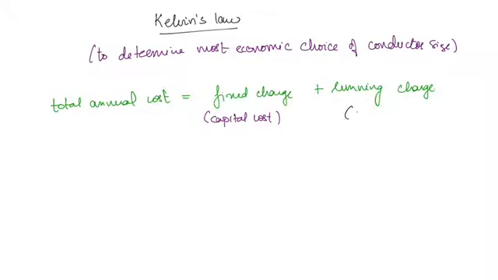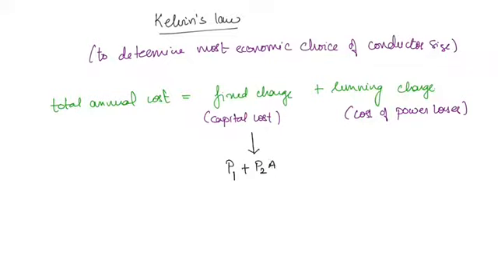That means the cost of power losses. Now what are the majority losses present in the distribution system? It will be ohmic losses, I squared R losses.